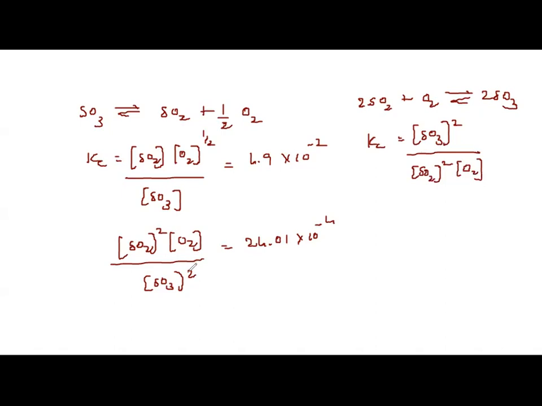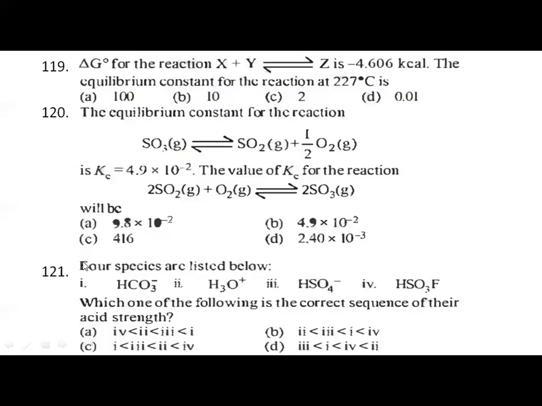Can you see here? Only it is reciprocal. Therefore, I can write 1 by 24.01 into 10 raised to minus 4. The answer comes out to 413. I'm sorry, 416. So let us see which is the correct option. Option C is the correct option.